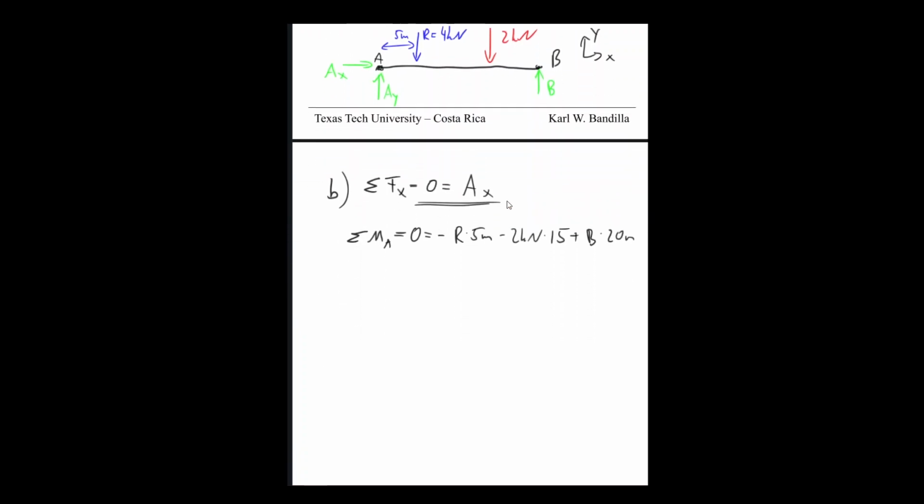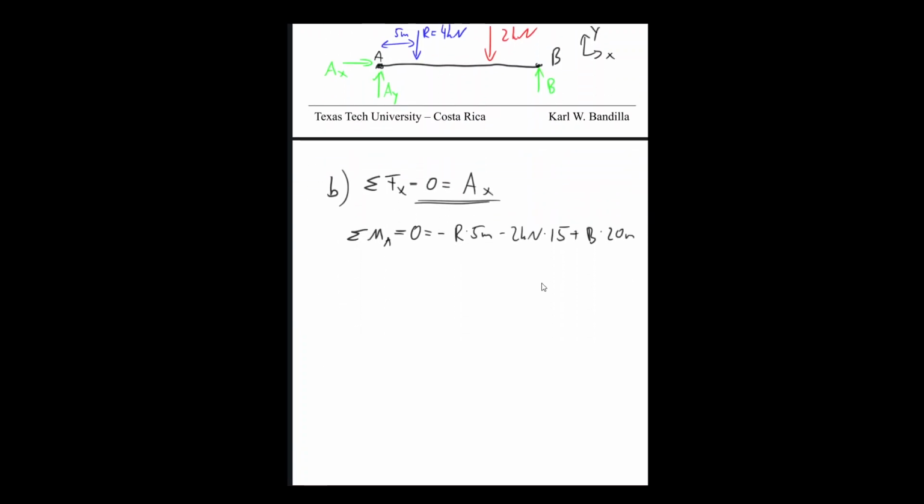All right, so now we have one equation with one unknown, and we can solve for it. So we can say B times 20 meters. R was 4 kilonewton, right? So it'd be 4 kilonewton times 5 meters plus 2 kilonewton times 15 meters.